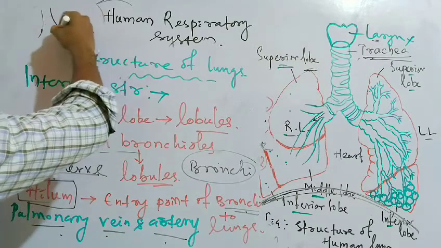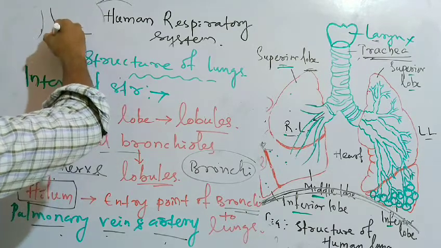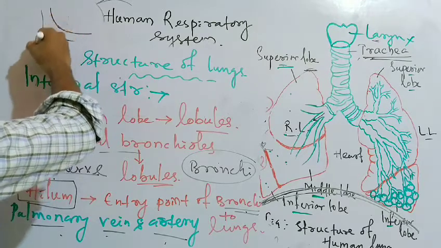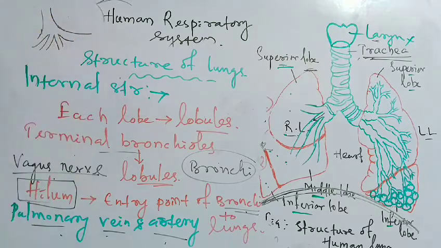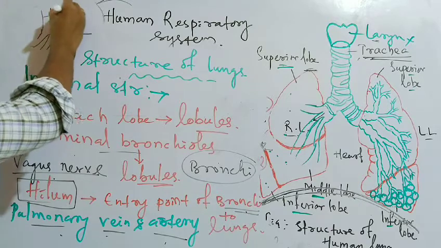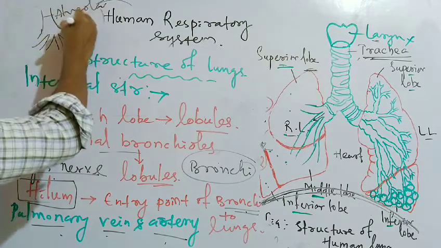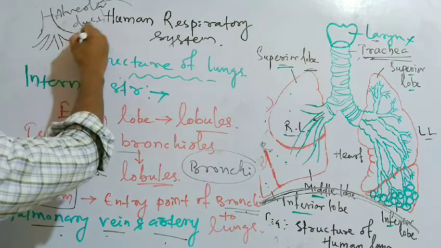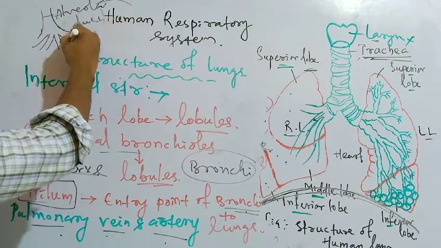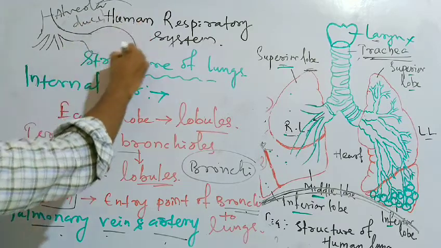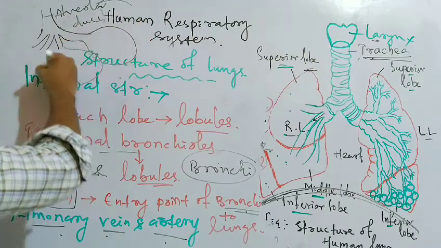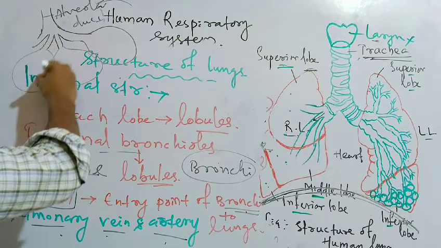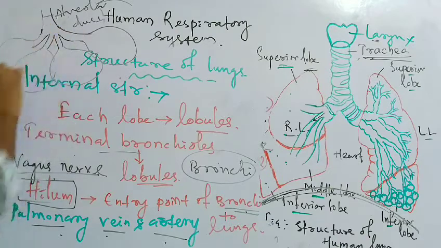It expands to form, yes, like this. So if this is the alveolar duct, then it divides to form many atria, 2 to 5 atria, and these atria form the alveoli finally.